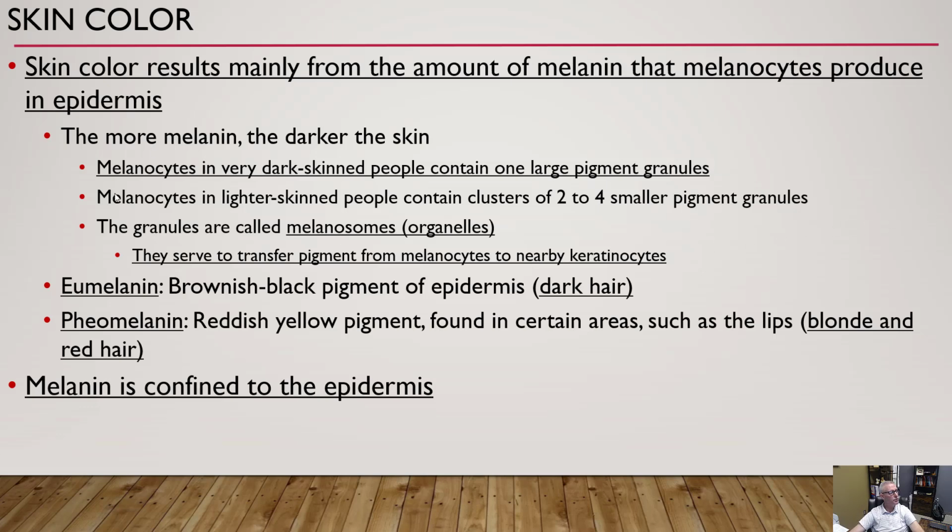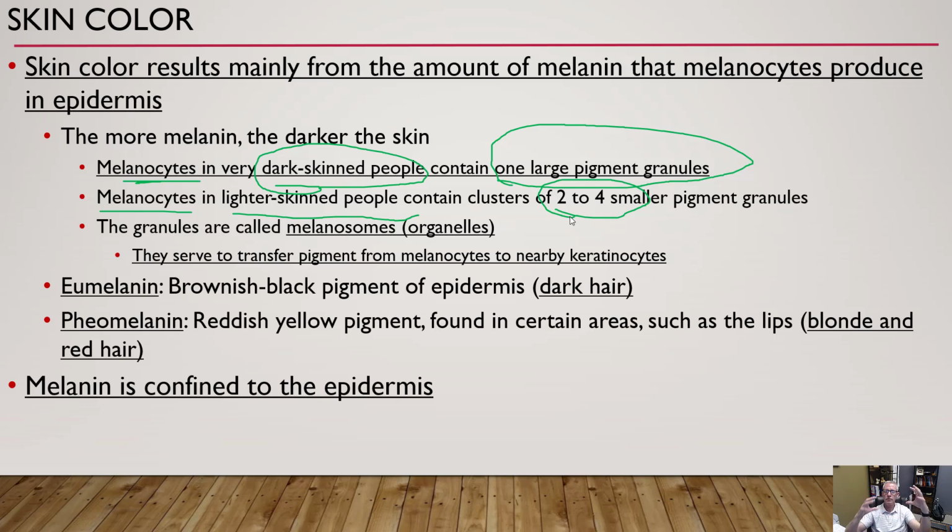melanin. So if we're looking at darker skinned people, these melanocytes actually contain one large pigment molecule. And if we're looking at lighter skinned people, those melanocytes are more clustered, 2 to 4 smaller clusters of pigment granules.